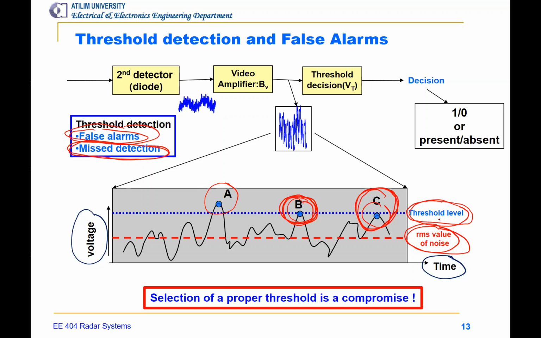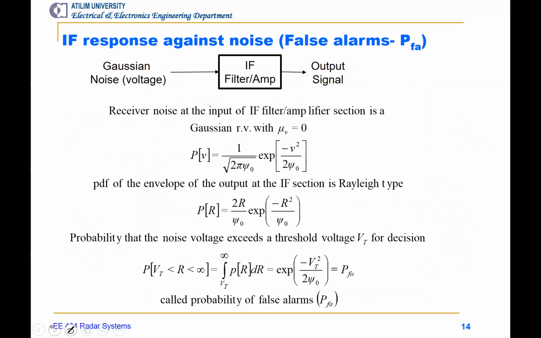That's called constant false alarm rate radar, CFAR radar, where we try to fix the false alarm by tuning that threshold adaptively. It's used in almost every radar system now.